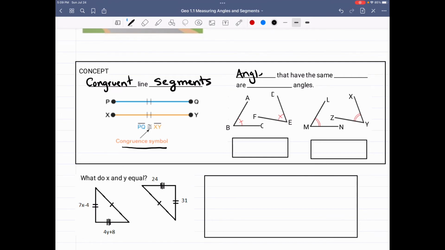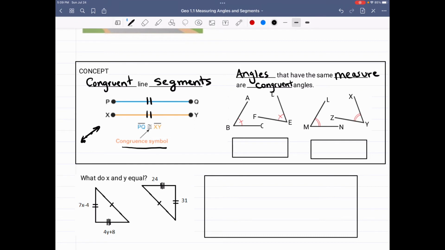Angles that have the same measure are congruent angles. Very similar to congruent line segments. And we can see in the line segments we have 2 tick marks. You can also have line segments.